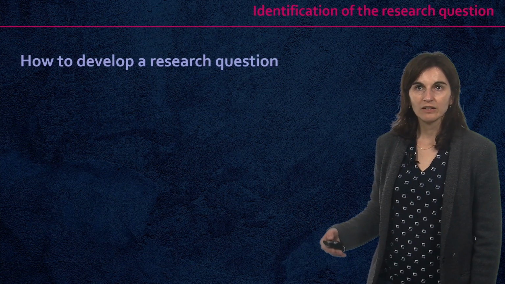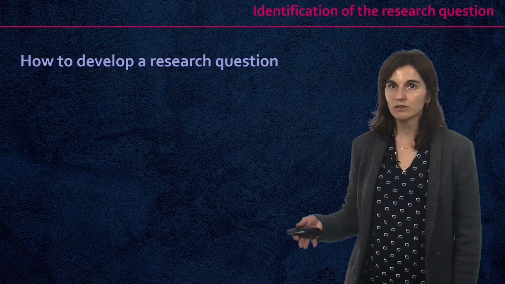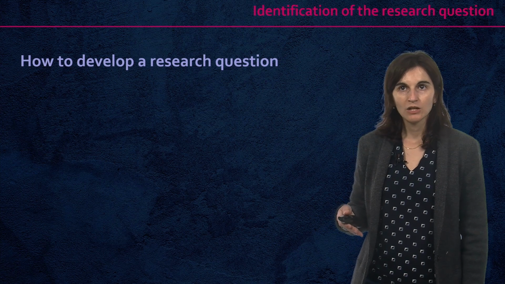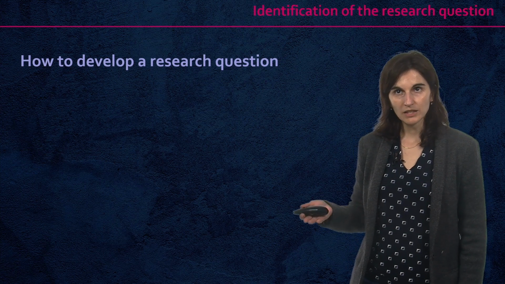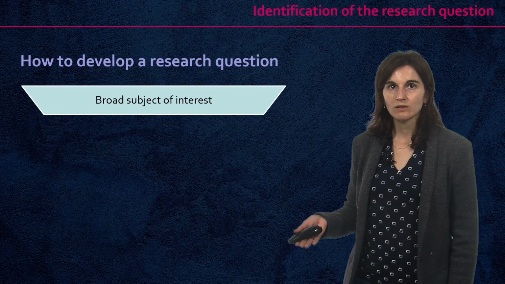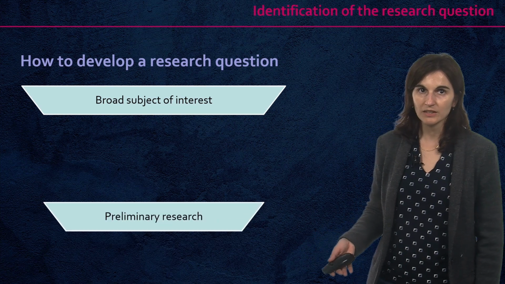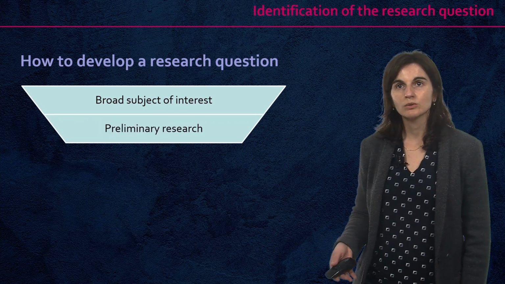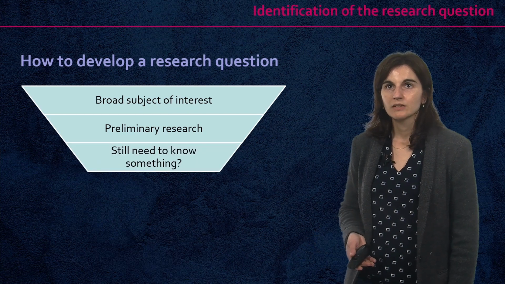Developing the research question is not an easy task because it should be done at the beginning of the research, when we don't have an idea of the outcomes that we will obtain. So we have to begin with the definition of the subject of interest, and then research and review the state of the art.